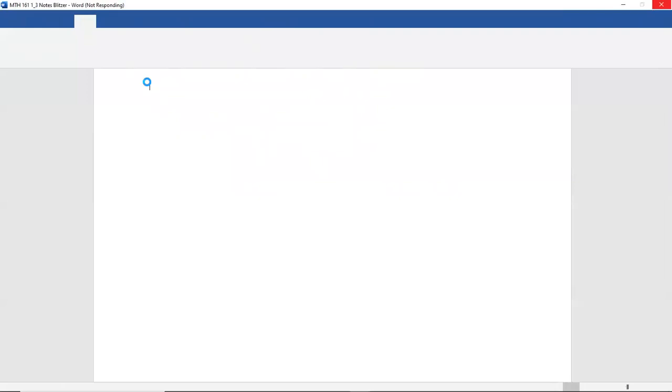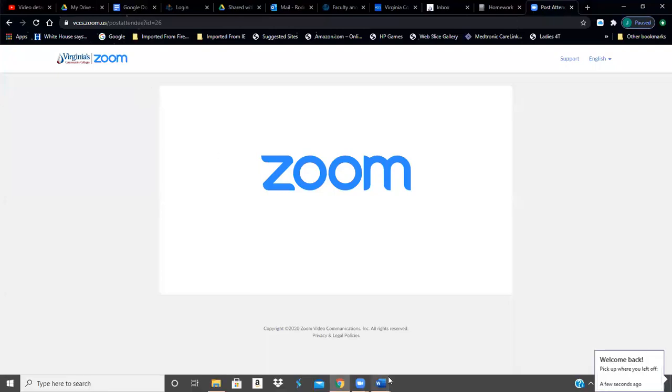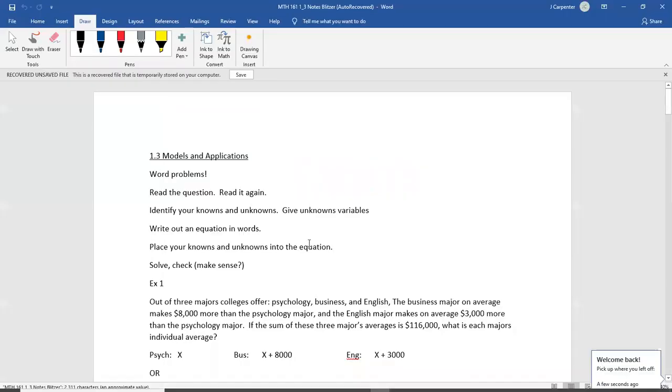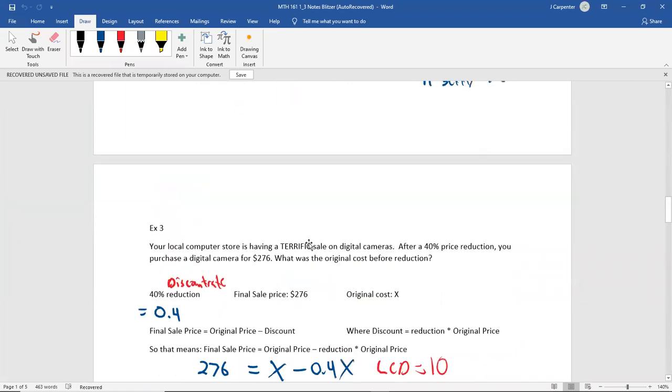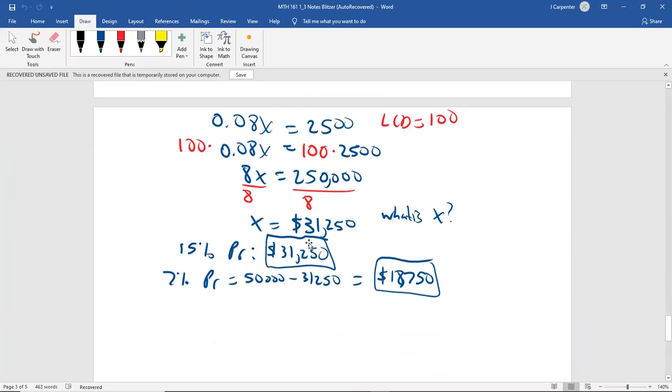I'm sure you can see now that everything's blank. Not responding, just have patience, and it's gonna reload. Hopefully it didn't delete all my work because it's done that before, and it did not. Okay.